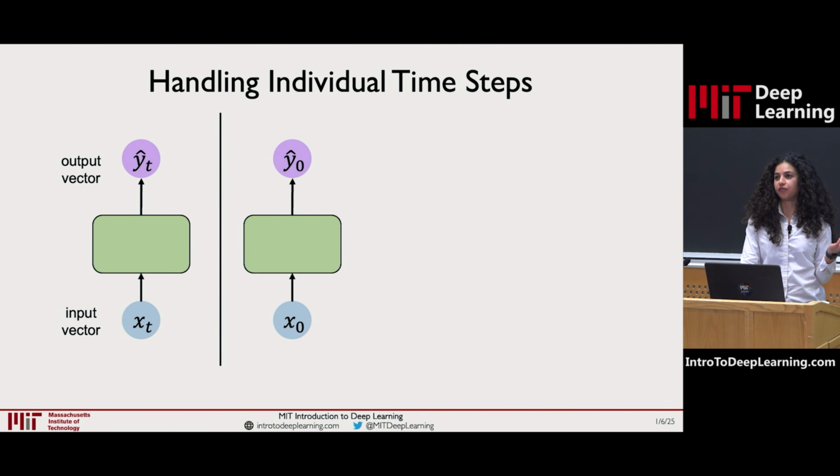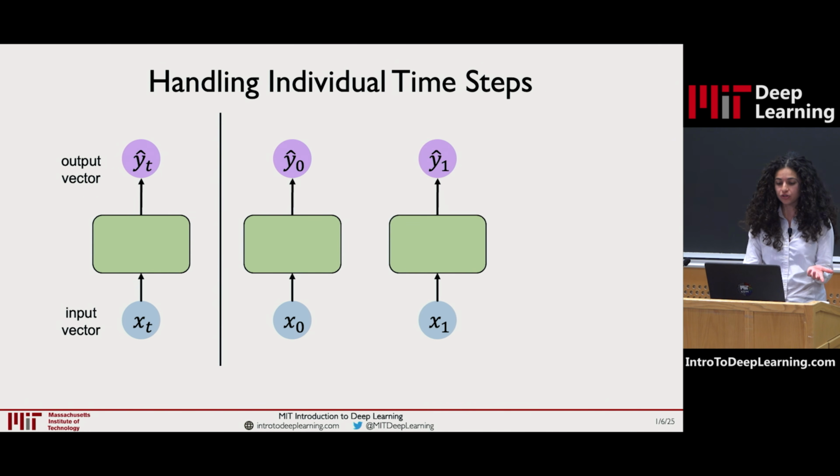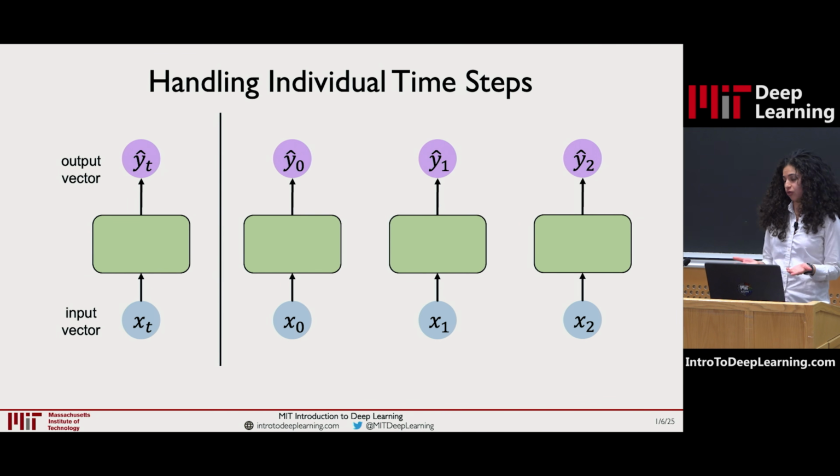We have our input vector at some time step t, here t0. We feed it into our neural network, and we generate an output prediction. And maybe we do this over multiple time steps, because in sequential data, we don't have just a single time step. We have multiple individual time steps from t0 to t1, t2, and so on in the sequence.